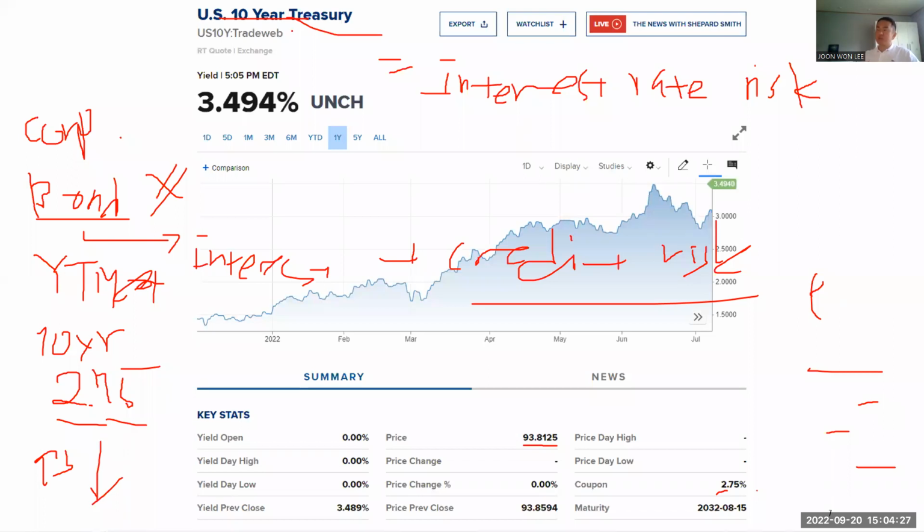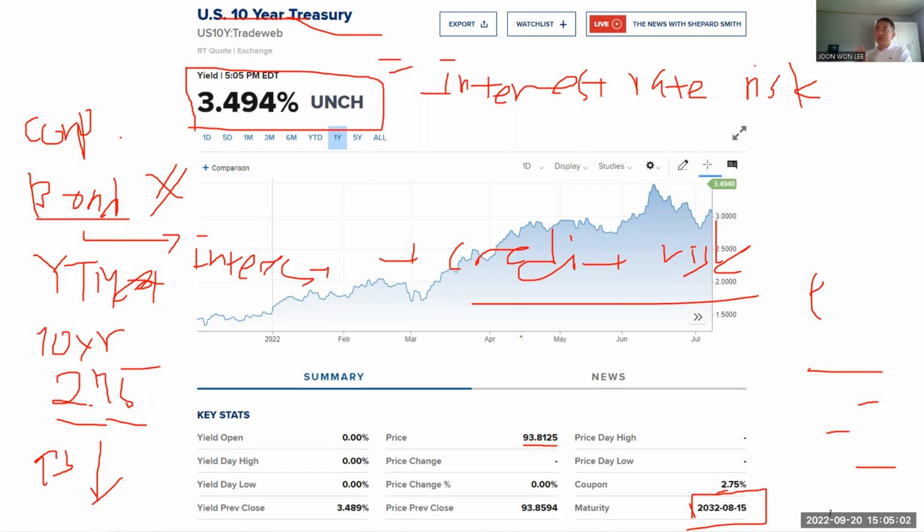Treasury bond is almost secured by the government, so almost no credit risk unless the U.S. government defaults, but there's no chance of that, right? So all the yield to maturity you get from the treasury bond is the market interest rate for this maturity, right?